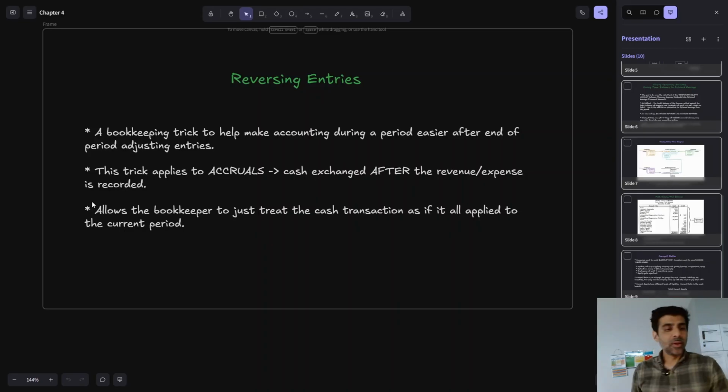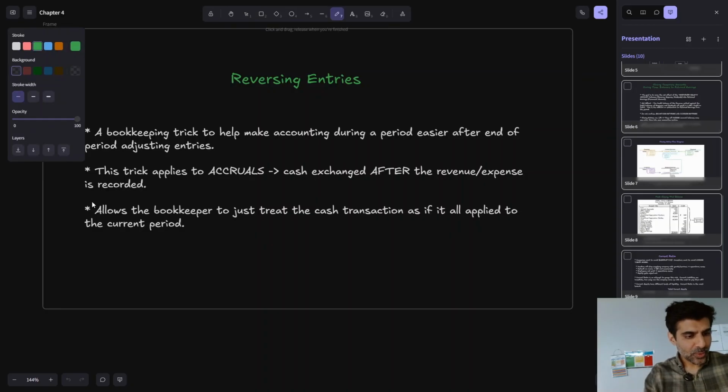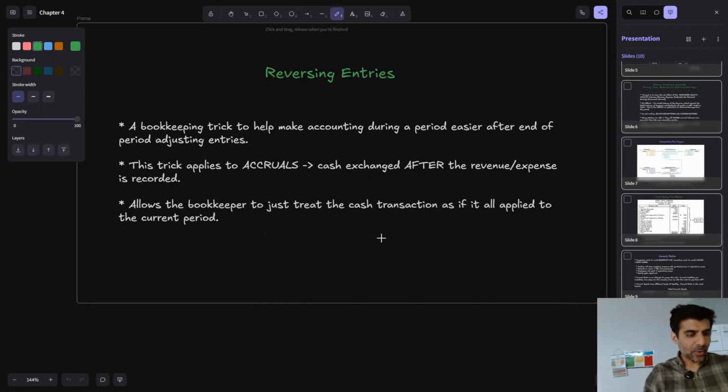What you do is you make your journal entries at the end of the period for your adjusting entries as normal, and it would happen on December 31st. We know that our adjusting entries happen on December 31st.